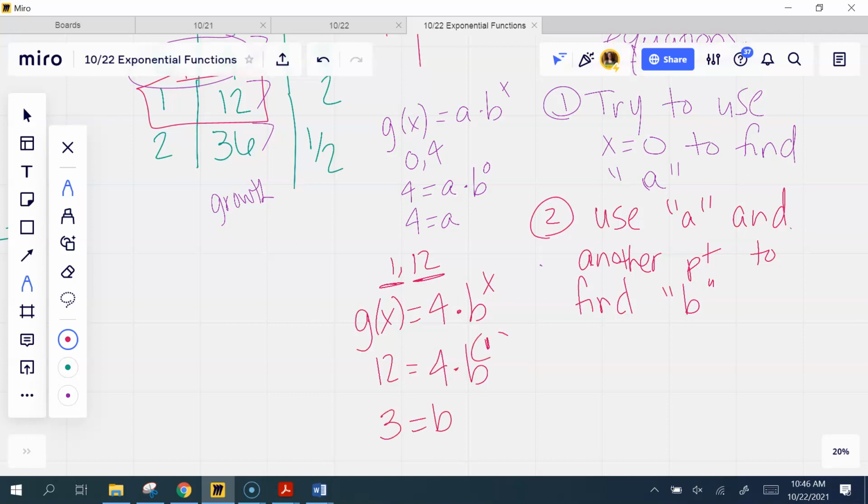Now, if I'd used anything other than 1 here, I would be in the situation of having to take a root. If that was 2, I'd have to take the square root on both sides, if it was 3, a cube root. So try to use 1 if you can. It'll just make it a lot easier for you.